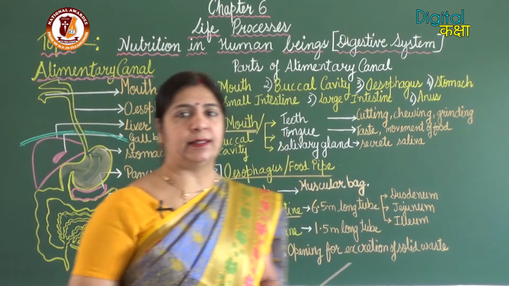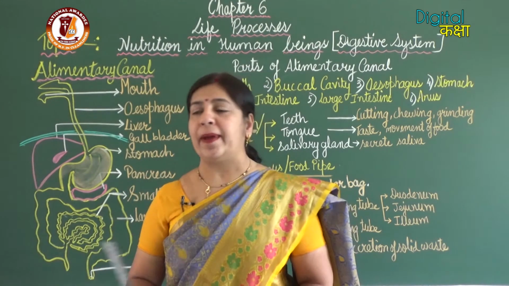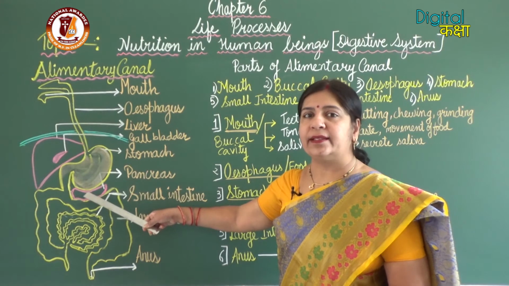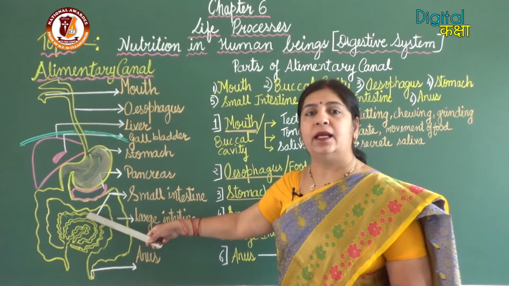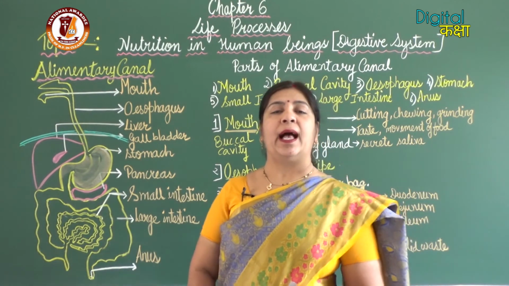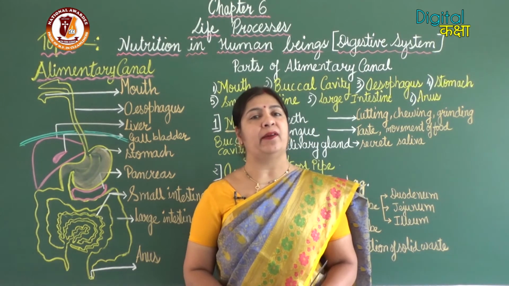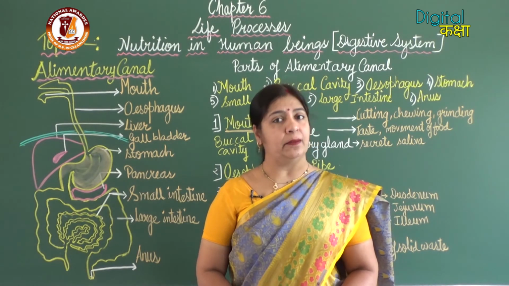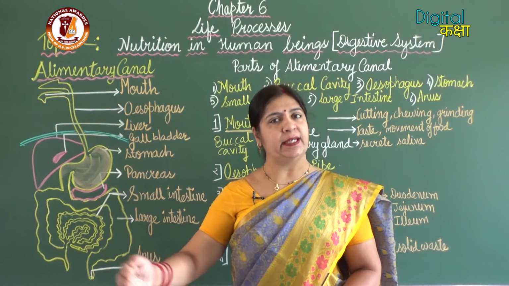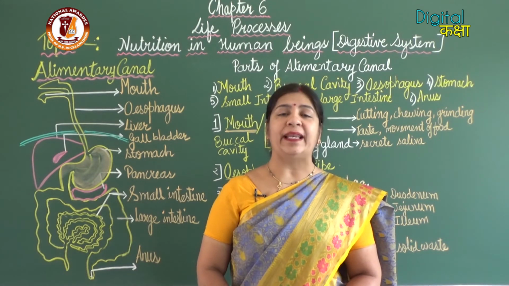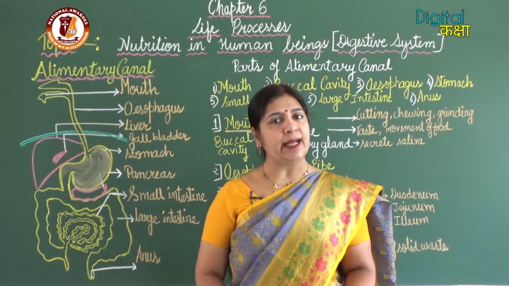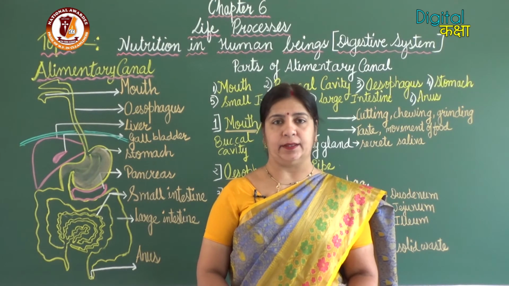The next gland is the pancreas. The pancreas is a small gland present between the stomach and the intestine, and it is a little yellowish in color and it secretes pancreatic juices. The pancreas also secretes the insulin hormone which we will study later. So, the pancreas is the only gland which is both an endocrine gland and an exocrine gland.